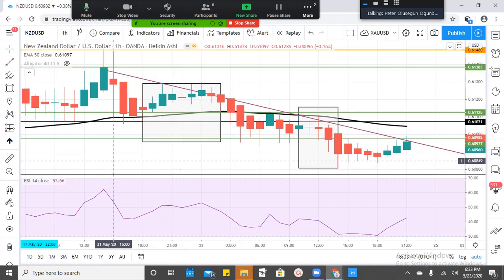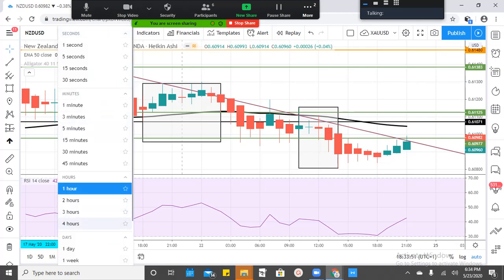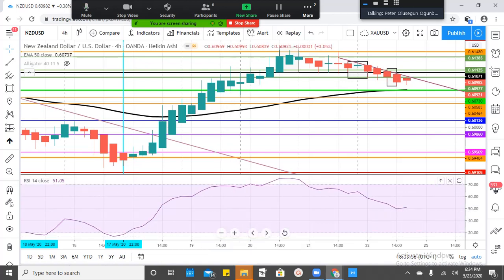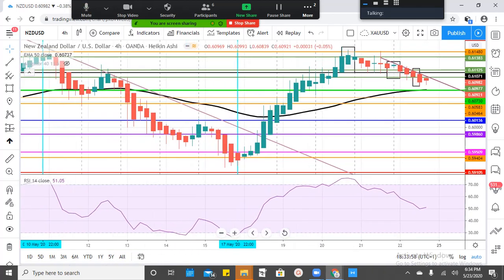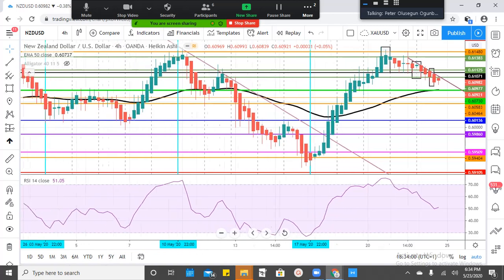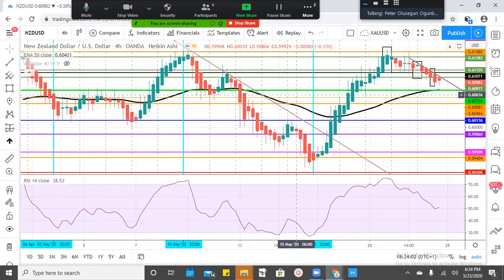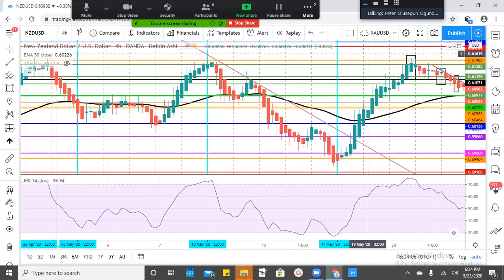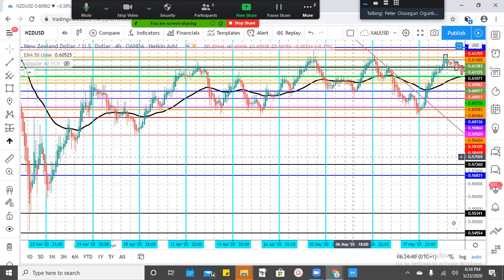So, my stop loss is going to be just above here. So it's very interesting.